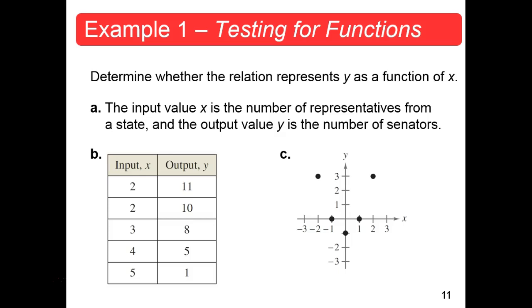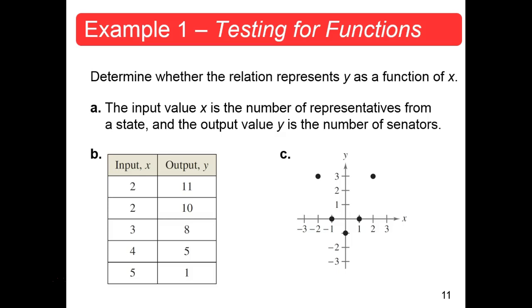Okay. Now, here's C. Is that a function? What do you think? I heard some yeses here. Why? What is your domain? 1 and -1. Okay. The domain is your various values on the horizontal axis, and that would be -2, -1, 0, 1, and 2. You see that? Okay.